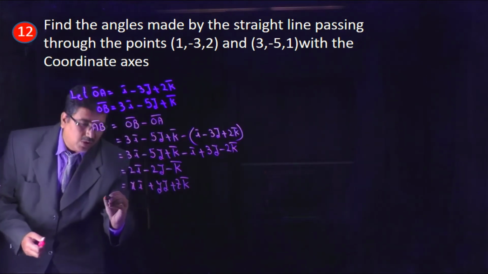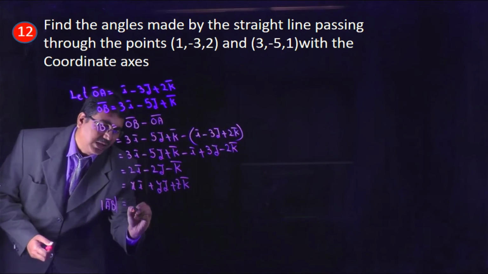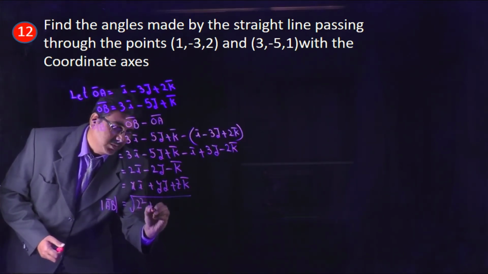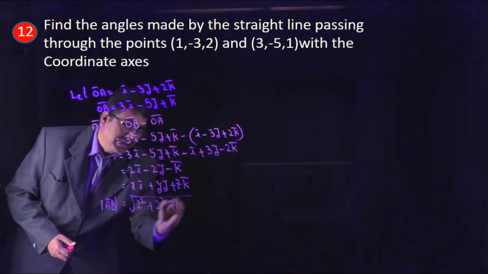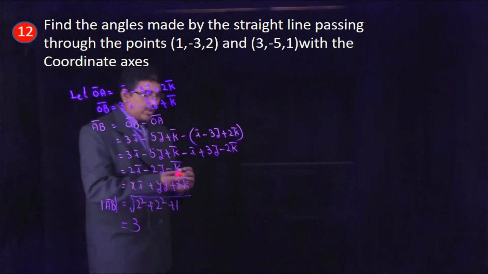Now mod AB bar is equal to square root of 2 square plus 2 square plus 1, that is equal to 3.